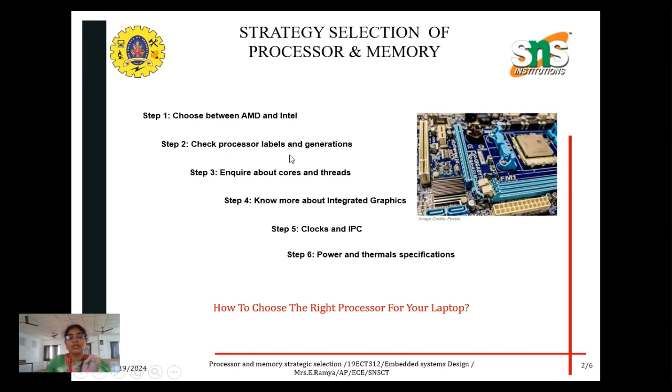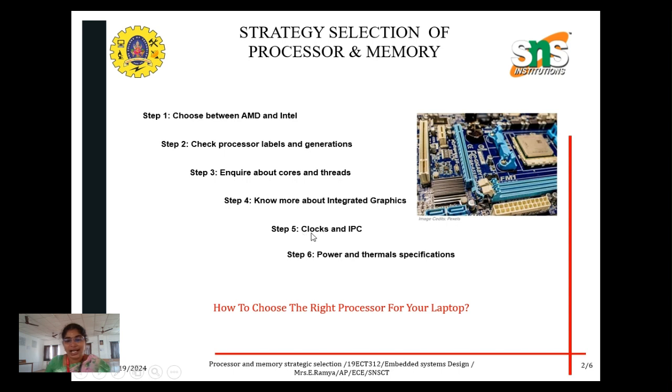The third step is to inquire about cores and threads, whether it is Core i5 or Core i7, and how many threads it has. Step 4 is to know more about integrated graphics, like a graphical user interface.